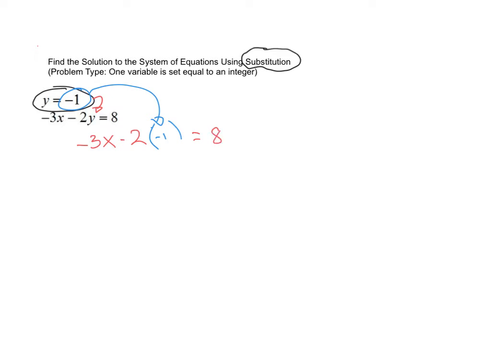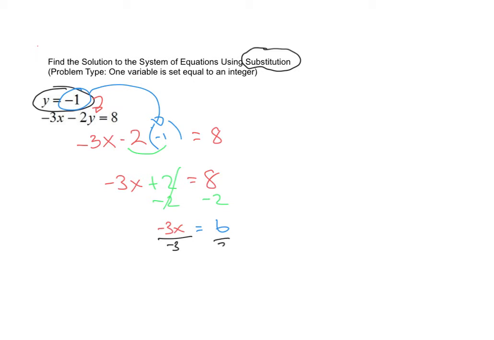Keep everything else the same, and then I will solve for my variable that I have left. Remember your order of operations. So I have -2 times a -1. So that's going to give me a +2. Subtract 2 from both sides. Leaves me with a -3x equal to a +6.